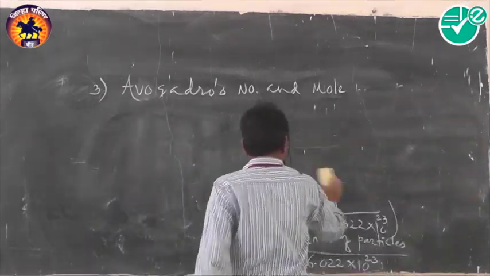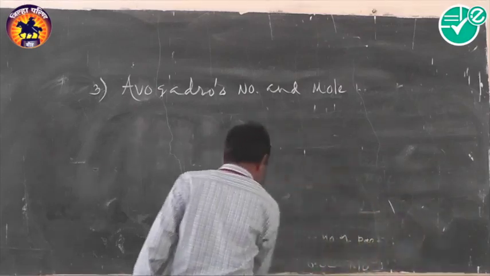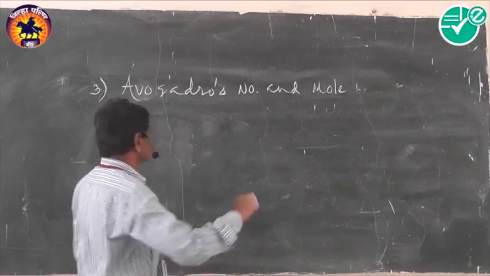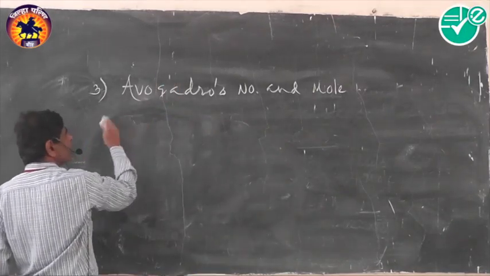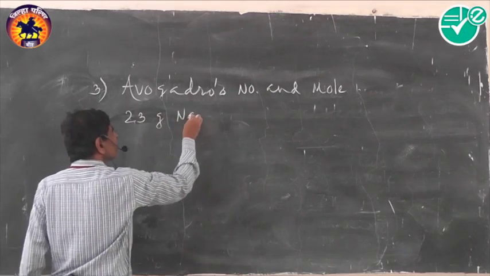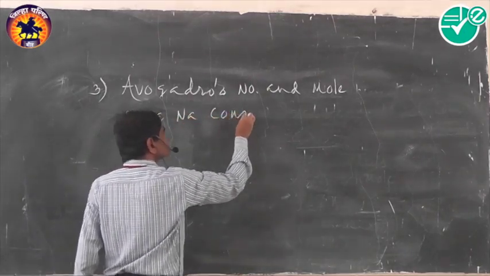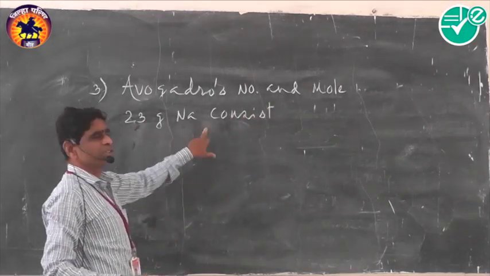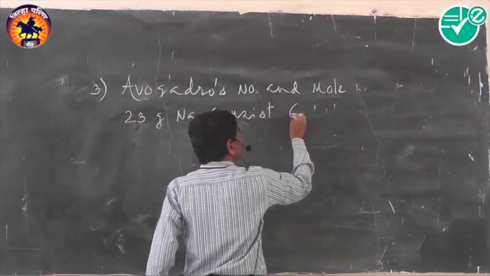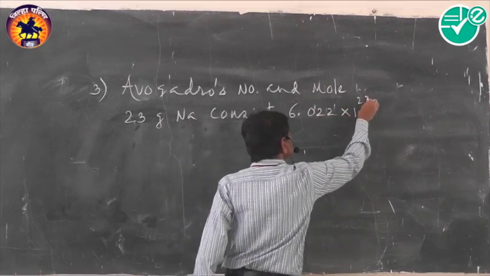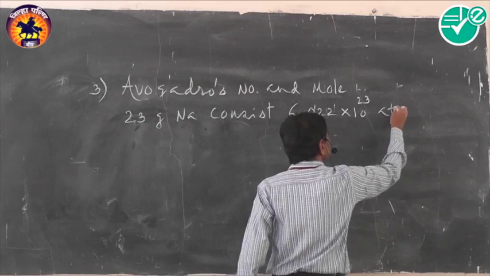Now let us consider some examples. Experimentally it is observed that 23 gram of sodium consists of 6.022 into 10 raised to 23 atoms of sodium.